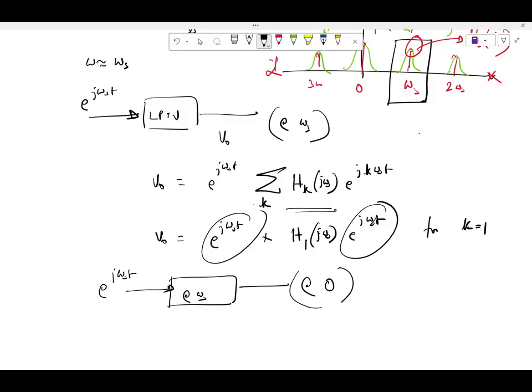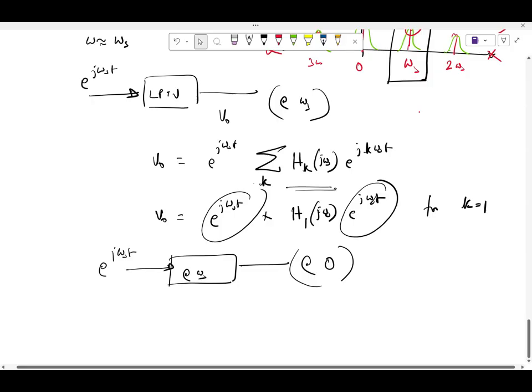So then which h of k am I looking at? Right? So this is k equal to -1, right? So basically h of -1. So where should I look at?